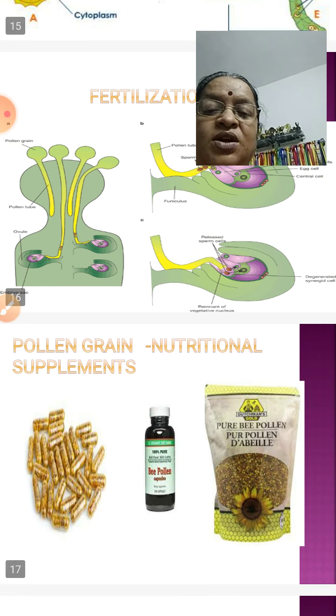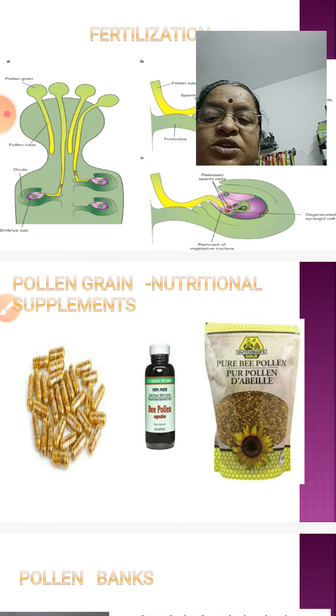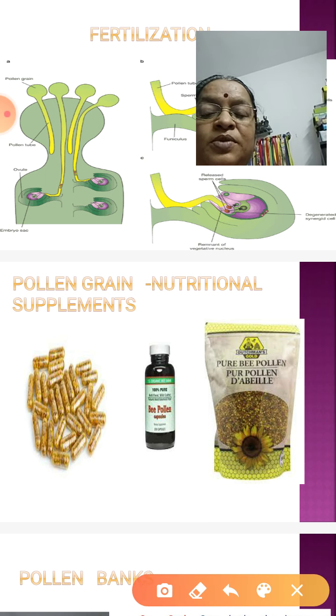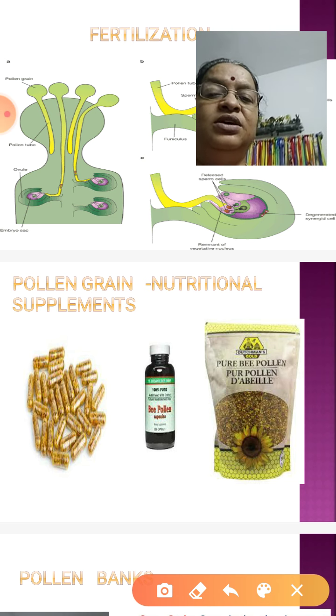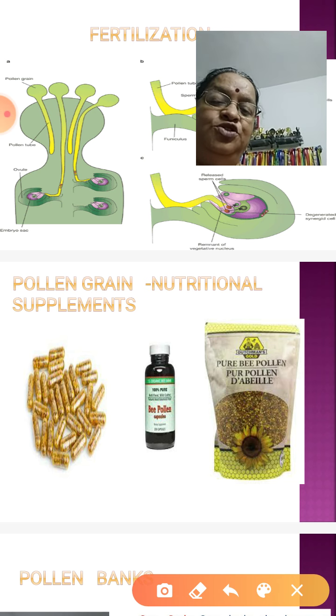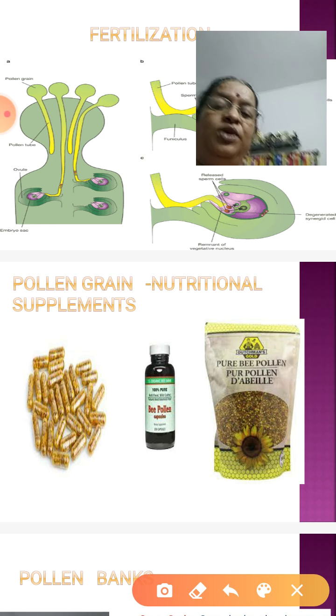So we pass on to other information about pollen grains, where in some countries pollen grains are consumed, taken as nutritional supplements, mainly by sportspersons, so that they can get more energy and perform better.